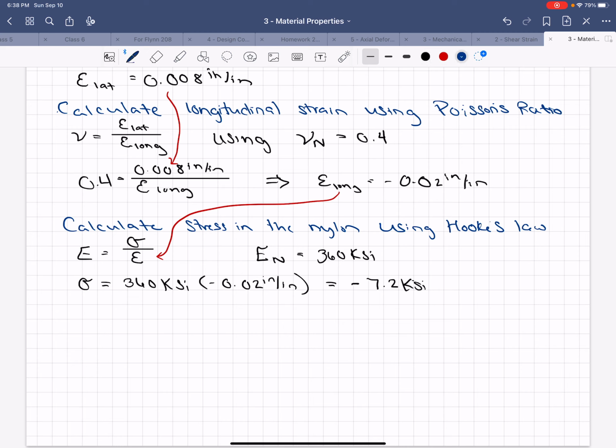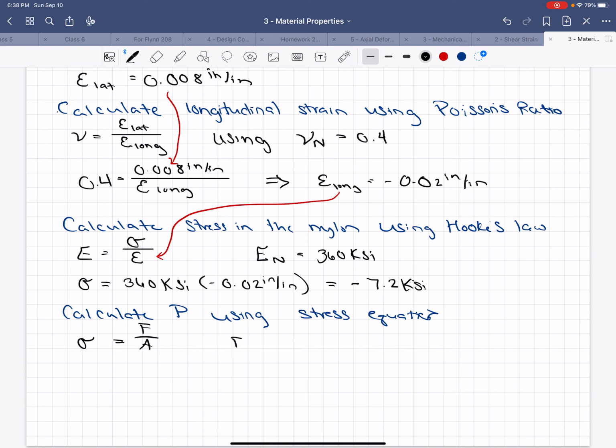Now we can calculate P using the stress equation, which is just normal stress, sigma, equals the force over the area.